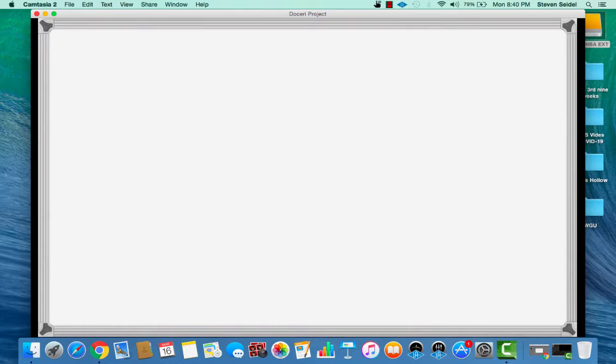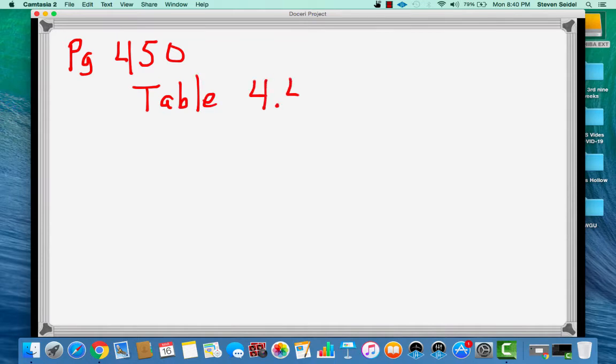So look at page 450, and there's Table 4.4. That table is a good guide for what happens if we're compounding quarterly, semi-annually, or monthly.